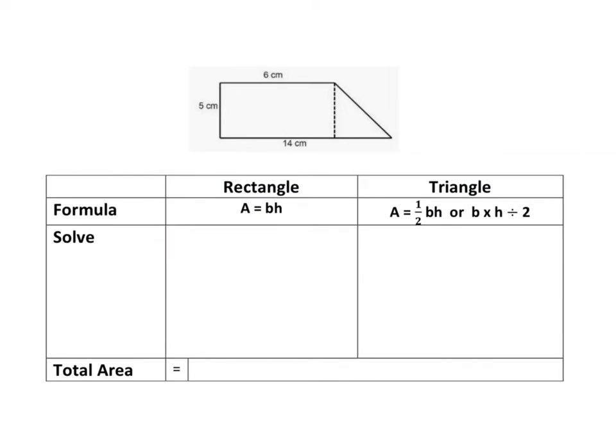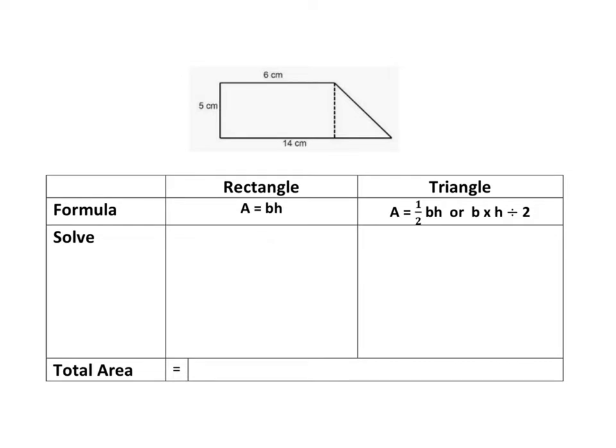Here's our next shape. We have a rectangle and we have a triangle. Notice I have the formulas for each. Area of a rectangle is base times height. Area of a triangle is 1/2 base times height, or base times height divided by 2. So let's figure out the rectangle first.